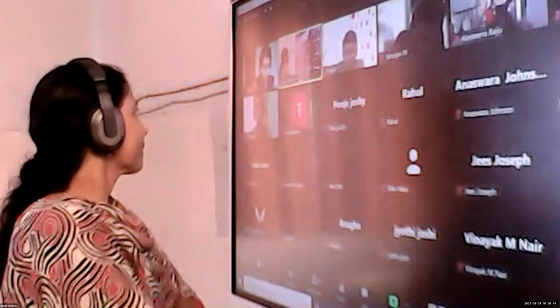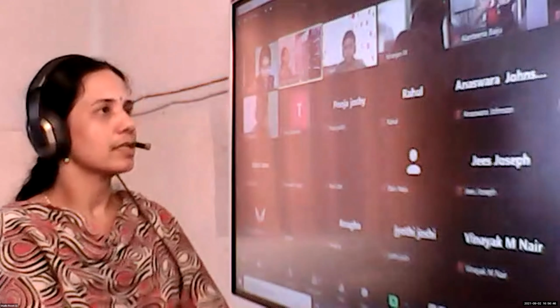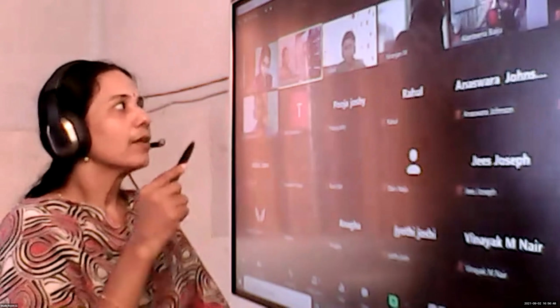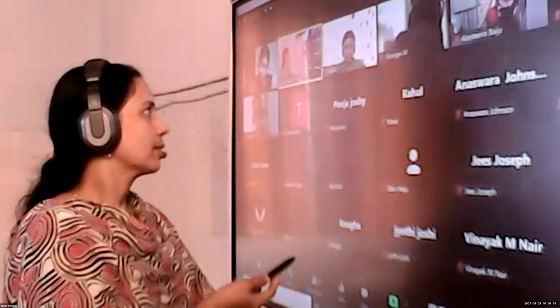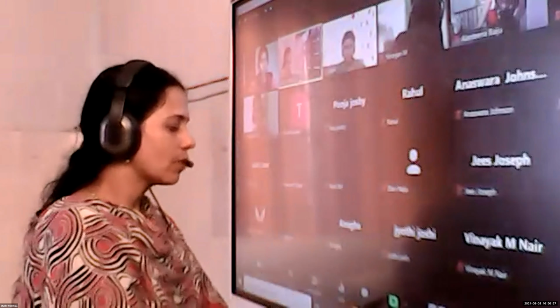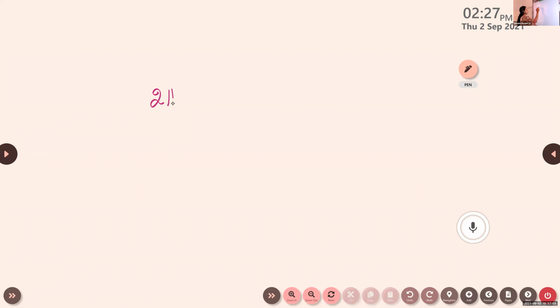Okay. So 2 pi means 360. Hereafter, whenever we measure an angle, we'll be using it in terms of radians. So write down the next point. 2 pi radians will be the same as 360 degrees.